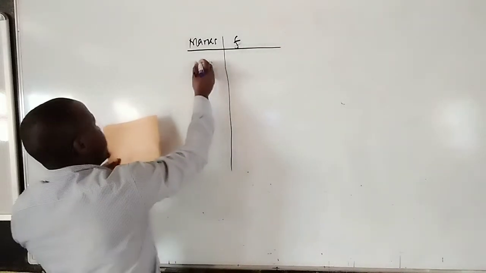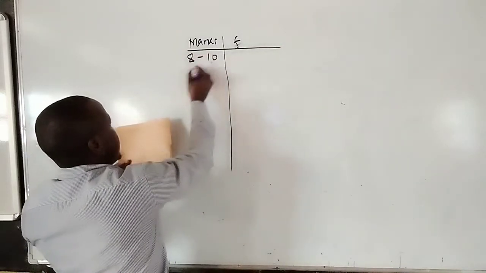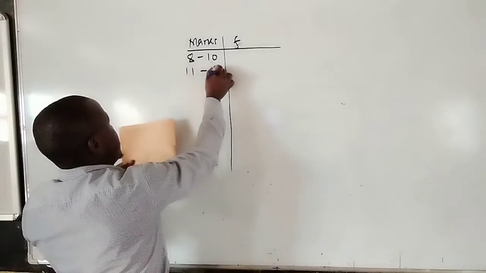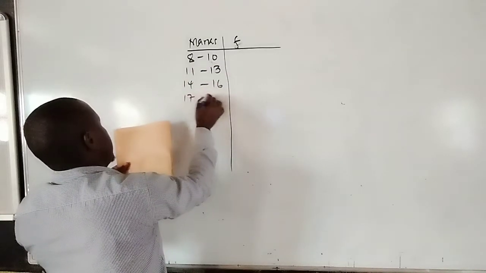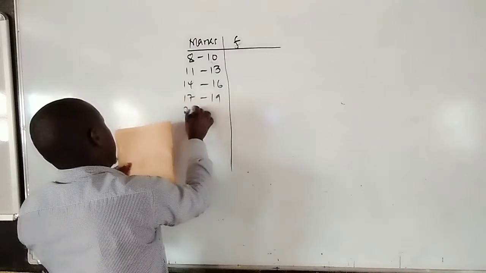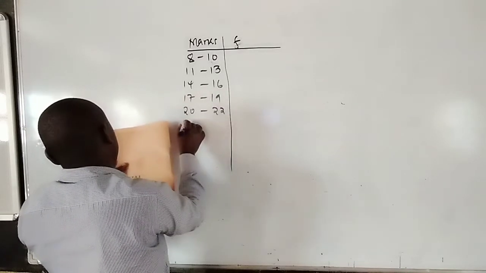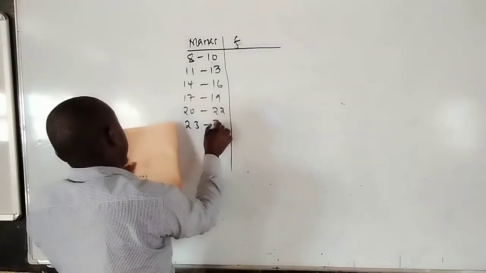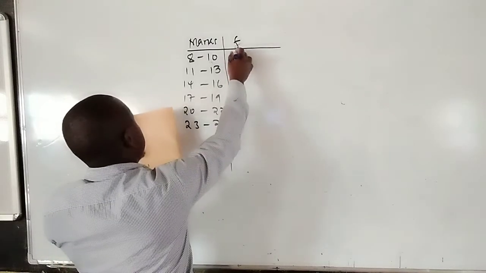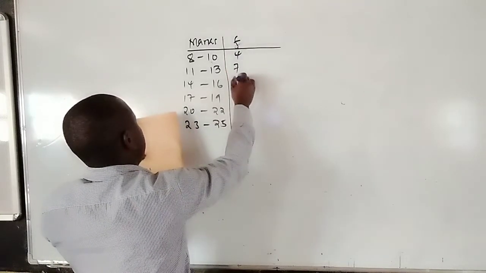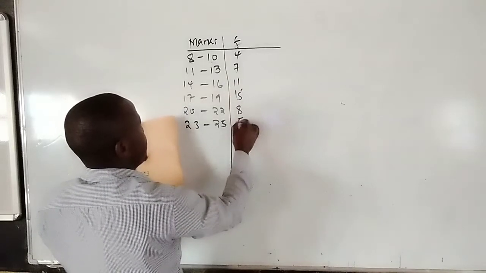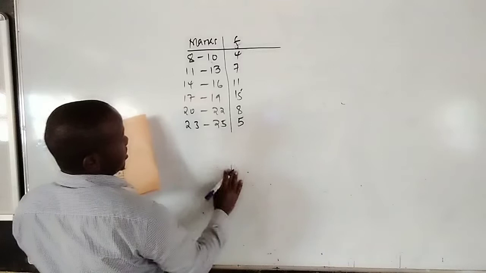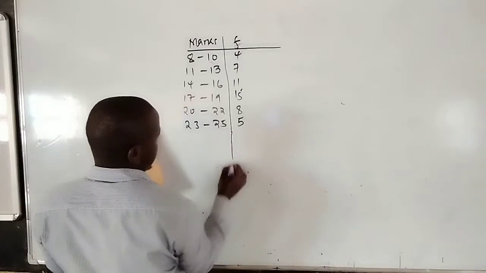The marks are 8 to 10, 11 to 13, 14 to 16, 17 to 19, 20 to 22, 23 to 25. The frequencies are 4, 7, 11, 15, 8 and 5 students. So that's the data.